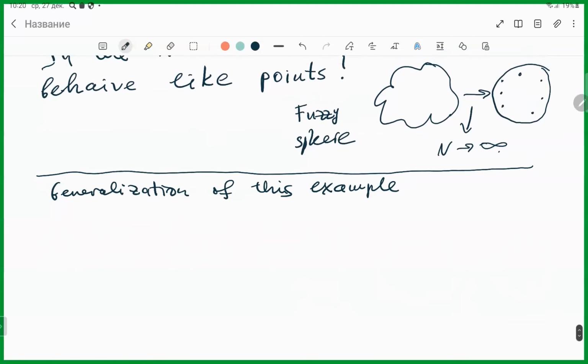I can provide the most obvious generalization, but let me consider the important generalization of this example. It's called Hamiltonian reduction.